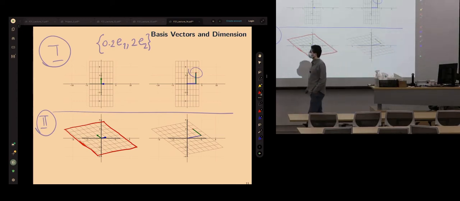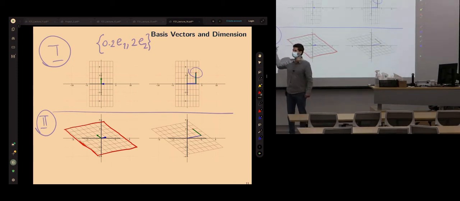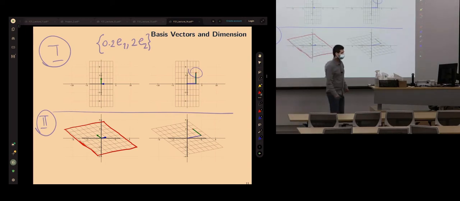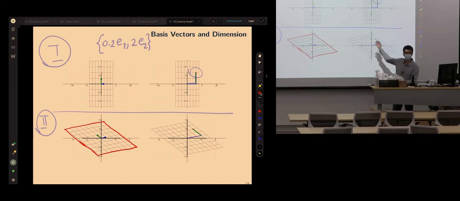So what's the difference here? I have a point. I'm just following the new rotated frame, and I end up in the red dot. Important question: can I represent the same point in the plane using either of these two bases, the first one and the second one?